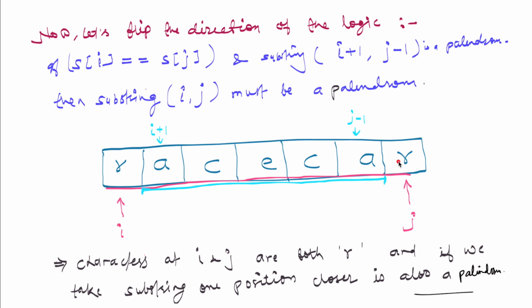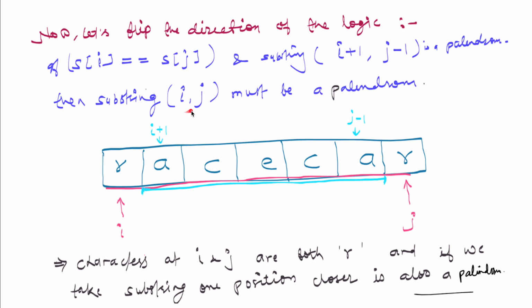Both characters are the same, and that is why we are saying i plus 1 to j minus 1 is a palindrome. Because the characters at i and j for the given substring form a palindrome, if both are the same, it means i plus 1 to j minus 1 is a palindrome. We can say that.